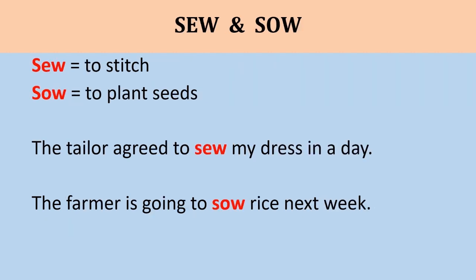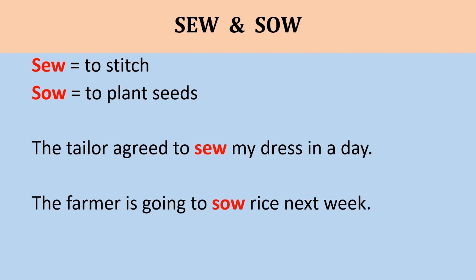REIGN. This pair of homophones is pronounced as so. SEW, pronounced as so, is to stitch, and SOW, so, is to plant seeds.